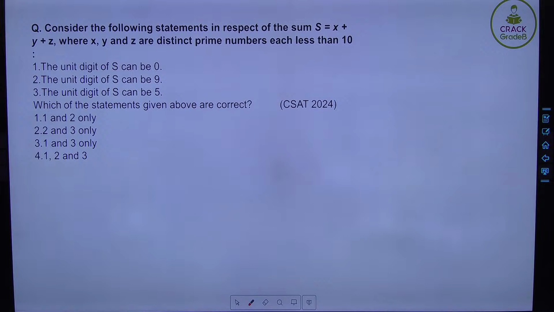Again, it has been given that x, y, z are distinct prime numbers, each less than 10. Now you should think what are the possible values of x, y, and z? 2, 3, 5, and 7. These are distinct prime numbers, each less than 10. Okay, you are saying option 4. Okay.